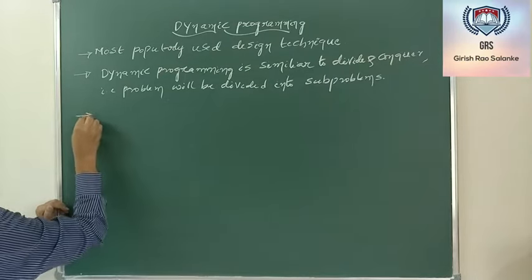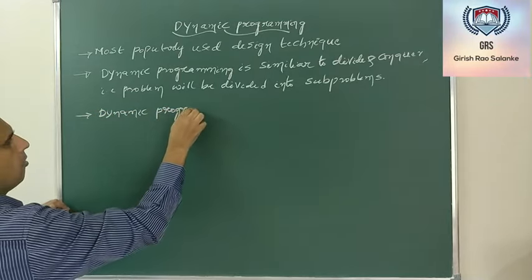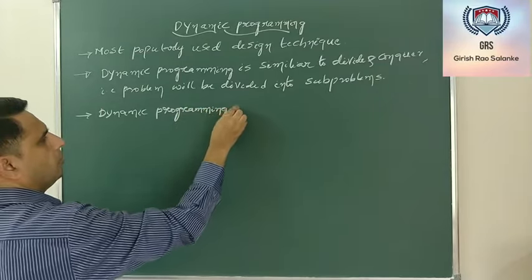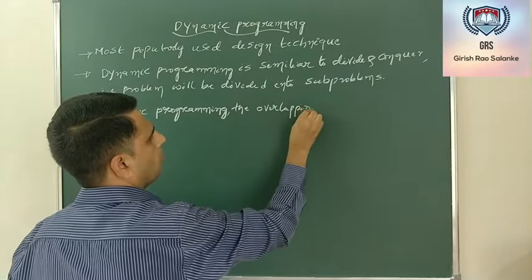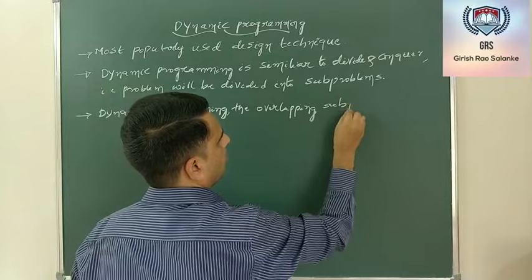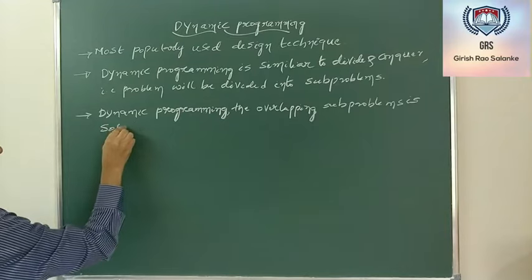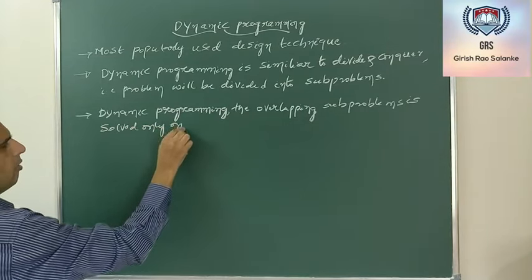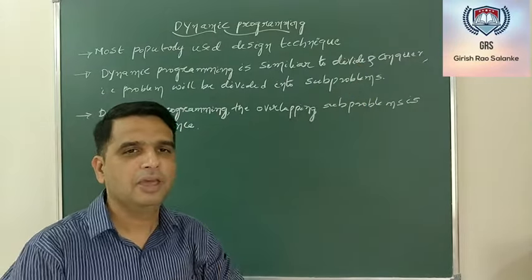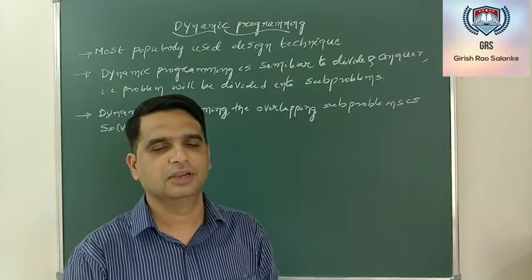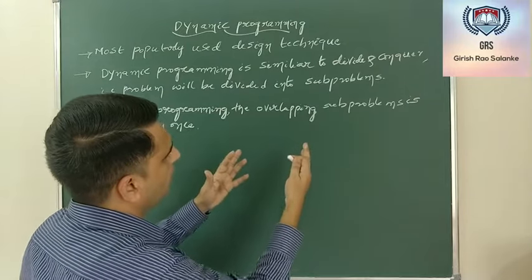In divide and conquer, note that the overlapping sub-problems will be repeated n number of times. Now, how is this overlapping sub-problem solved only once?